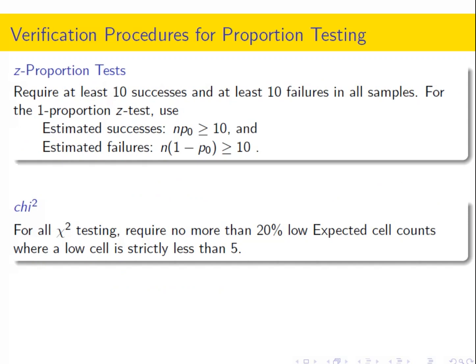If we're going to do both, we have to know our verification procedures. The big idea with Z-proportion tests is the number 10. We need to have 10 successes and 10 failures. This is why we couldn't use it on the lady tasting tea example, because we only had 8. As a matter of fact, it wasn't even quite good enough for chi-squared.